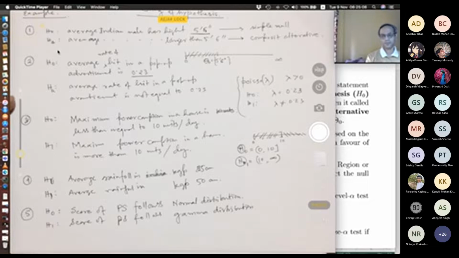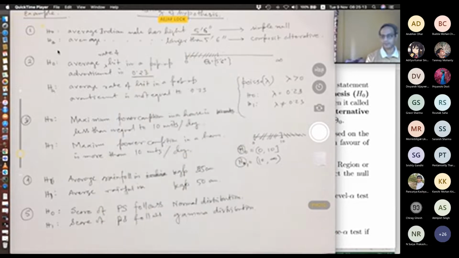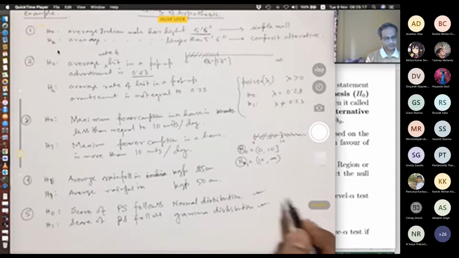So here the situation is a little bit different from whatever you have seen so far. But still we have testing tools by which we can perform it. We will not do this in your course, but these are hypotheses that we can also test.